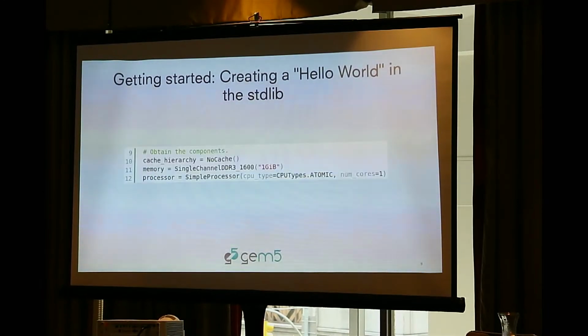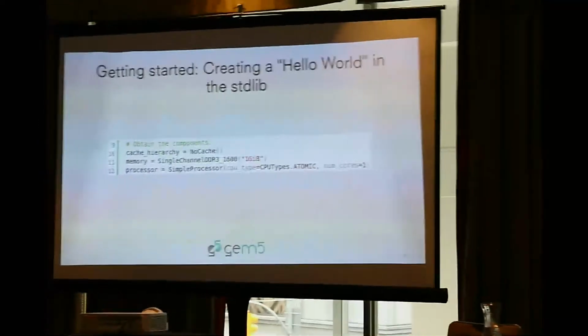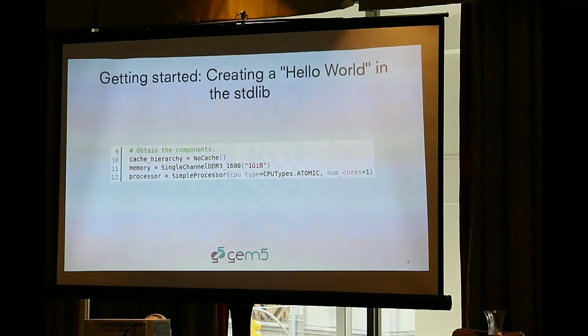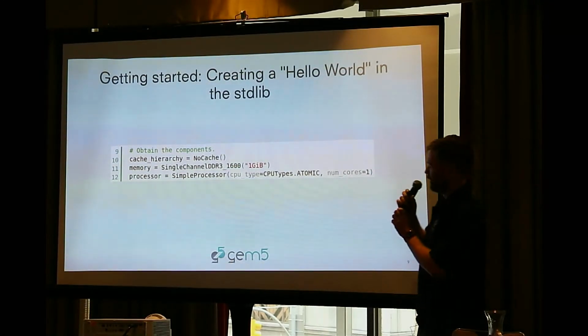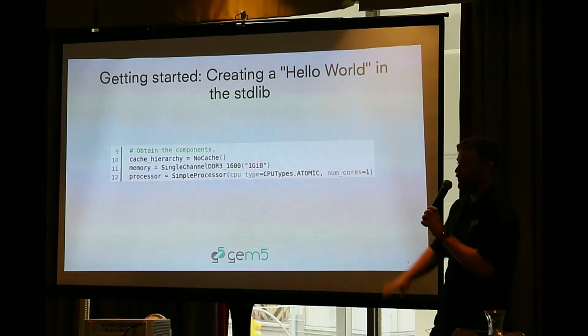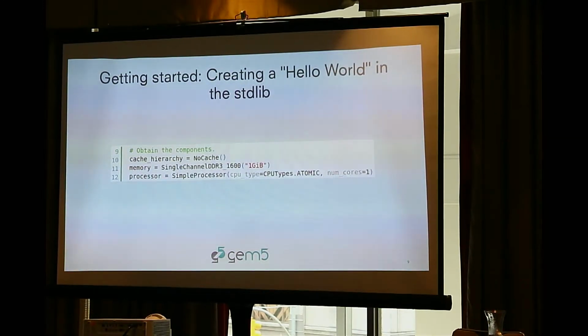The first thing I'd like to do is type in these 3 lines. As you're typing this in, I'll talk everyone through them. The first line is declaring our cache hierarchy. For this example, we're just going to say there's no cache hierarchy set up, which basically means the processor connects directly to memory.